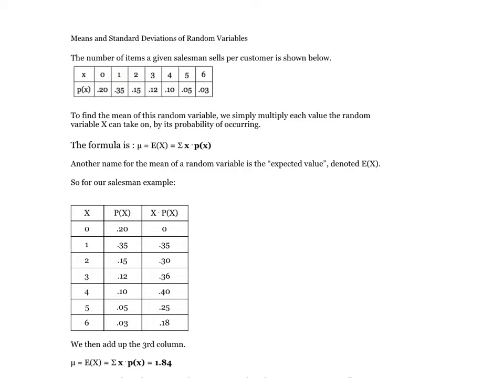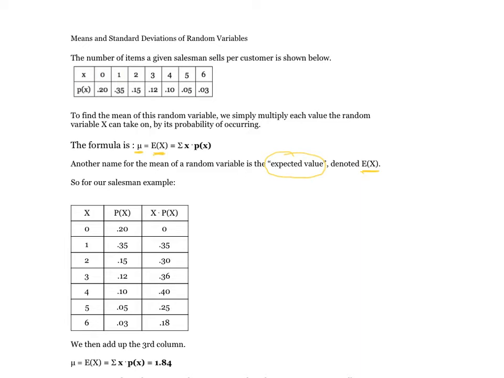So to find the mean of this random variable, we simply multiply each value the random variable x can take on by its probability of occurring. So the formula is as follows. Another name for the mean is the expected value, which is denoted as E of x.